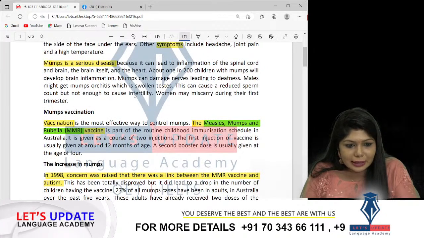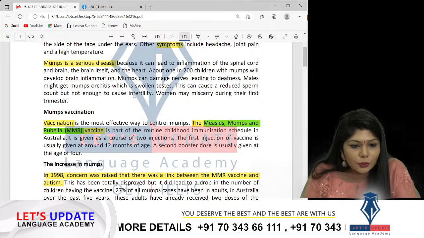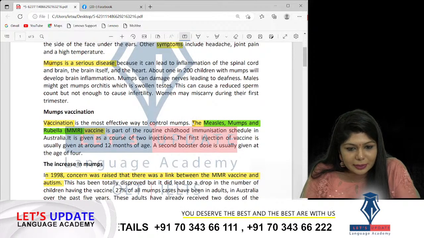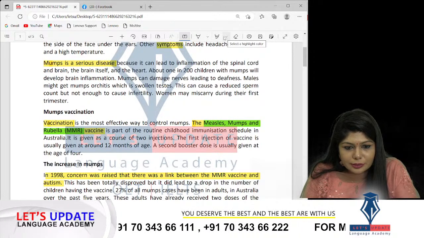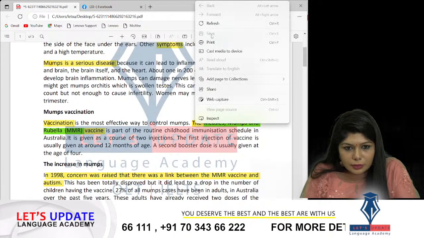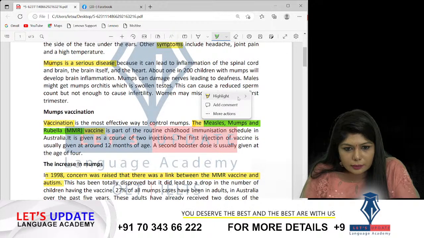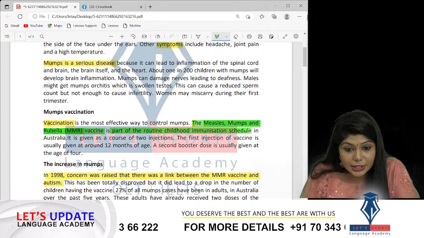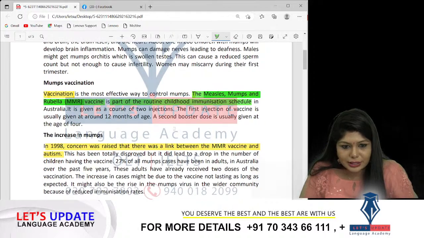We have the correct sentence over here, right? The measles, mumps, and rubella vaccine is, I'll just highlight that, is part of the routine childhood immunization schedule. So that is the answer. I'll just put in that information here.